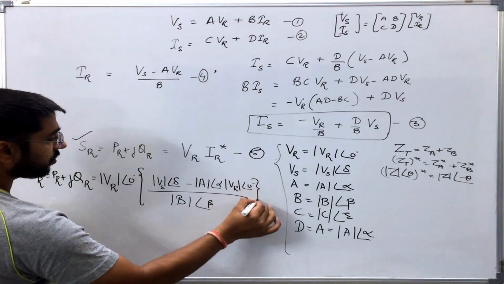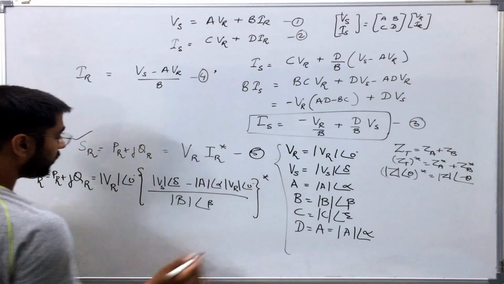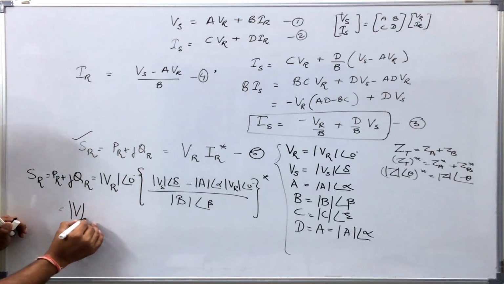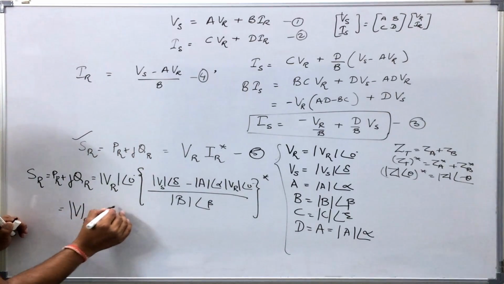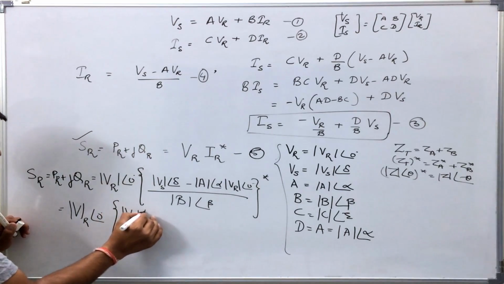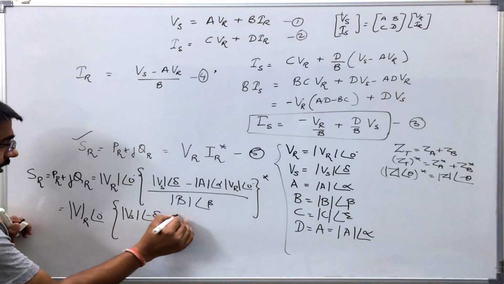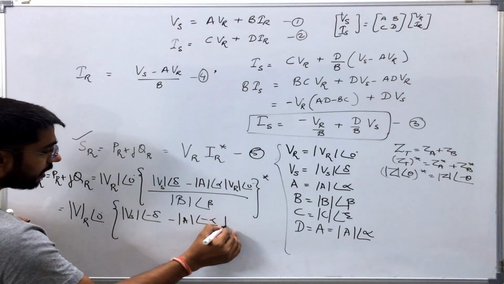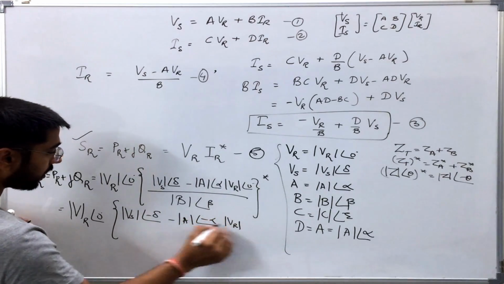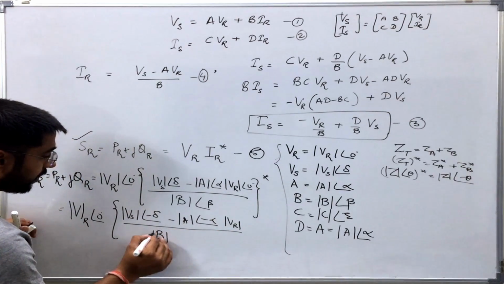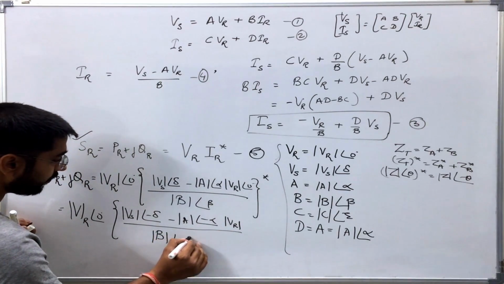So I can easily write this as VR angle 0 degree times (Vs angle minus delta minus A angle minus alpha VR) over B angle minus beta.